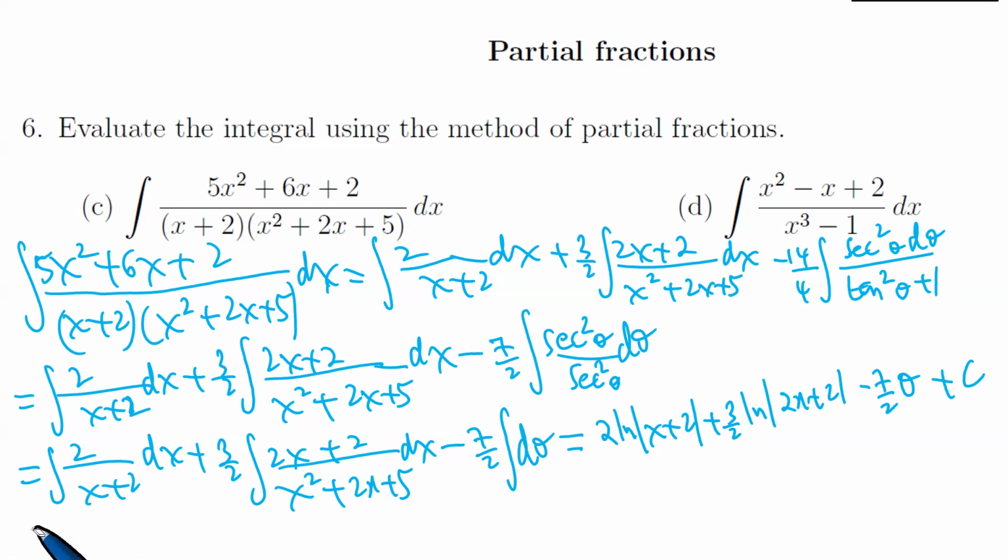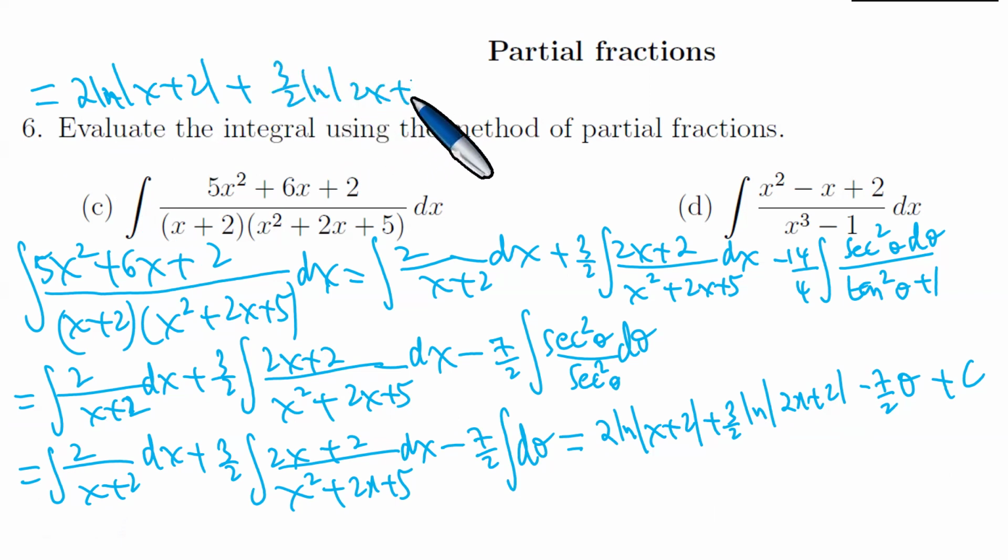So in other words, this is what we are able to achieve. Proceeding from here, it's 2 the ln of x plus 2, theta. And you'd remember that we said let x plus 1 be 2 tan theta.